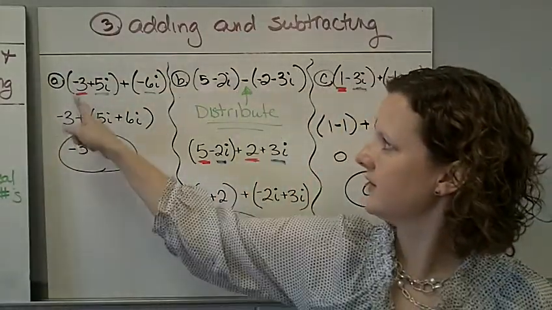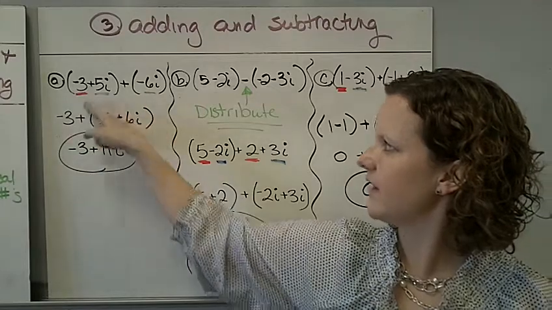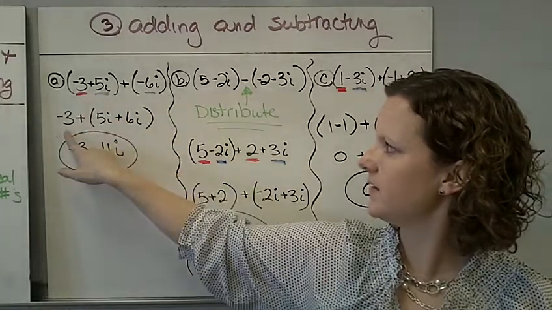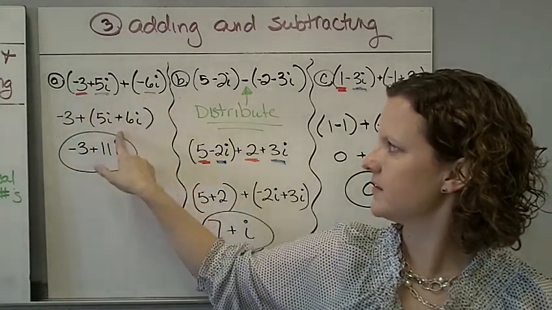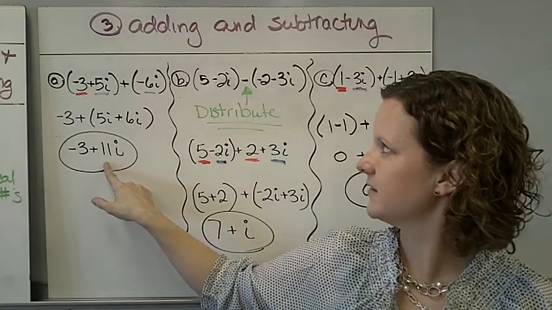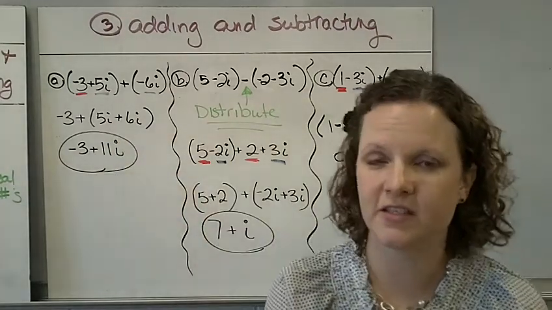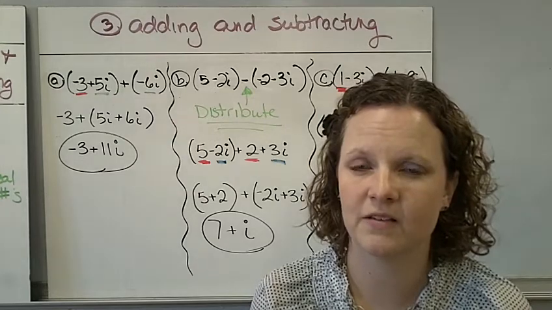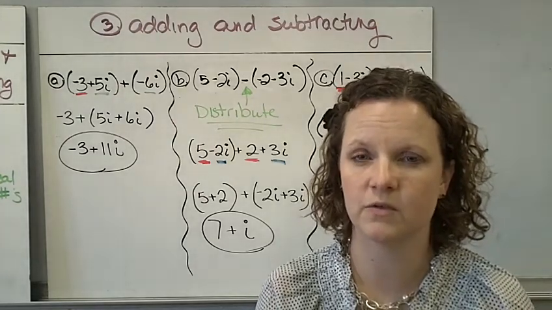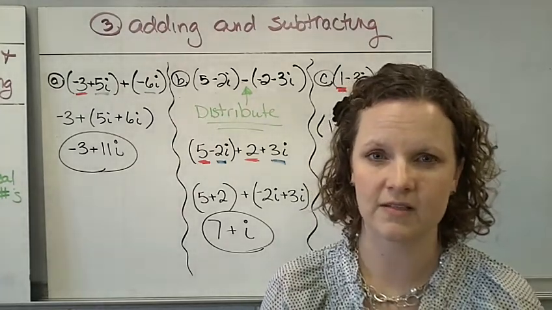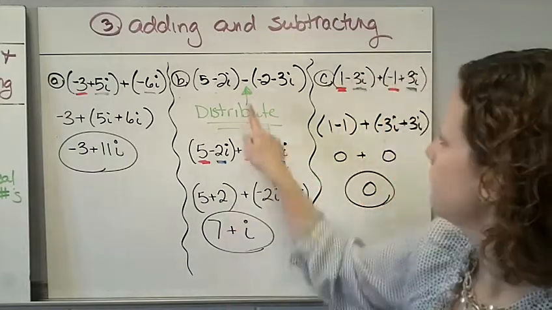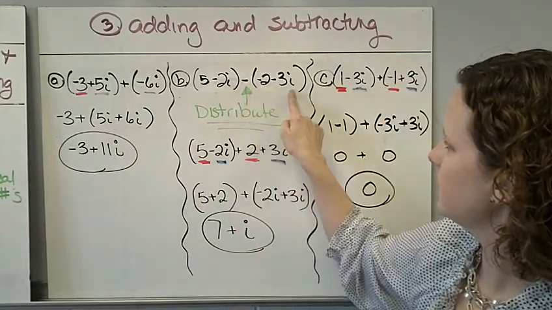3 more. Okay, collect your like terms. Our real parts, our imaginary parts. We have our answer. With subtraction, it gets just a tad bit more complicated because you have a negative that you need to distribute through the second set of parentheses. That negative I need to distribute.